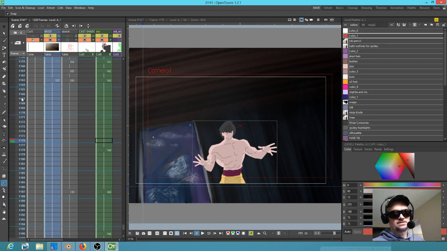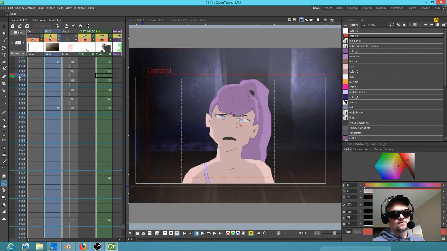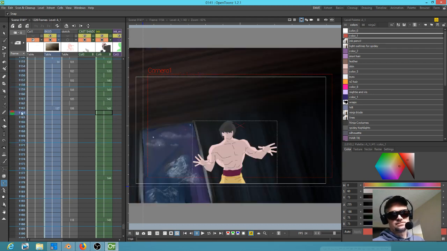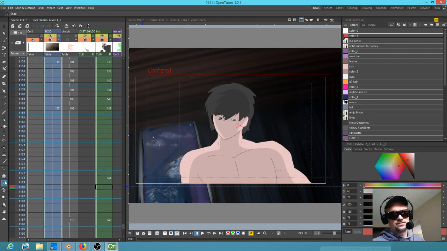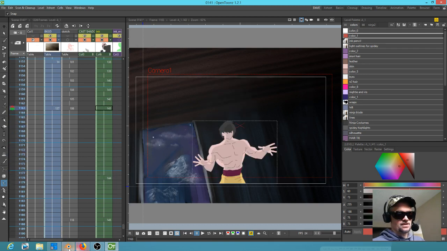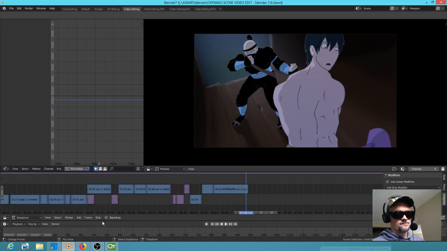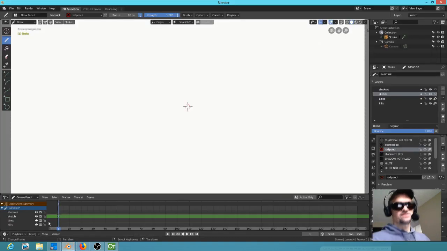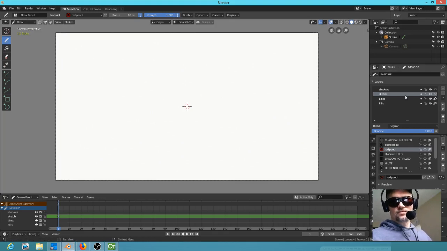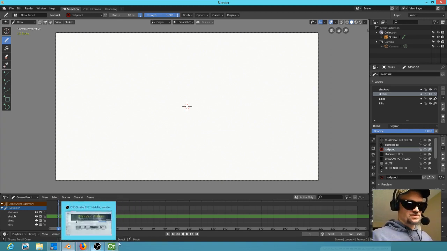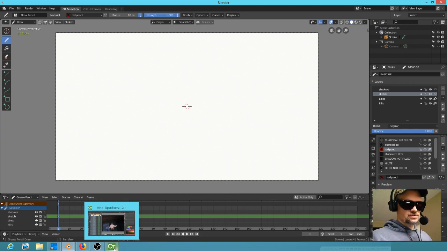I have to admit, it is kind of tempting to go ahead and do this in OpenToonz. But, you know what? We're not gonna. By gum and by golly, just for the heck of it, I'm gonna do this in Blender. So, what we want is our sketch layer. Let's just create an animatic, which we will then expand out.